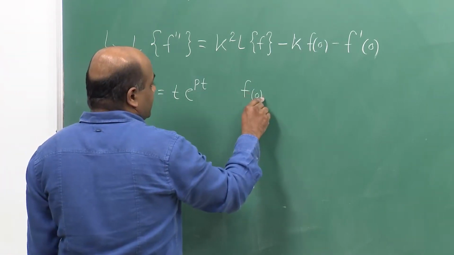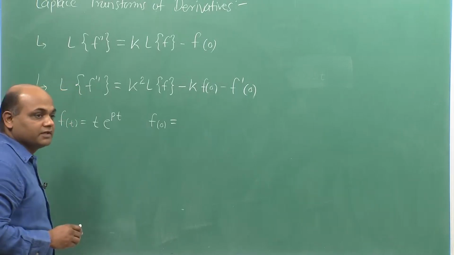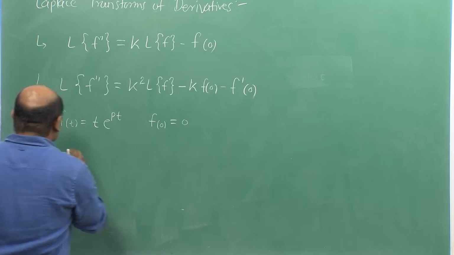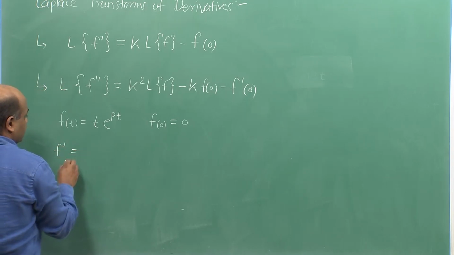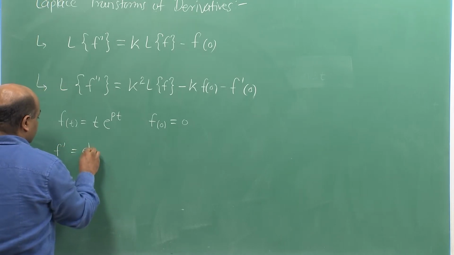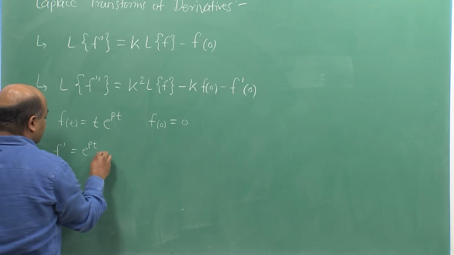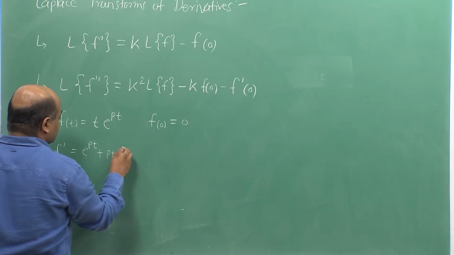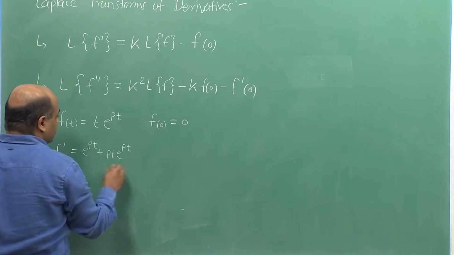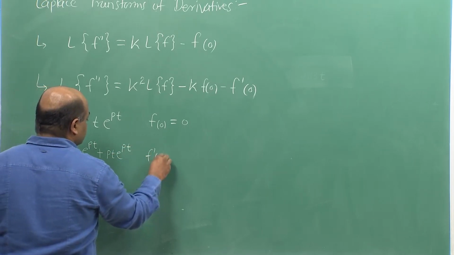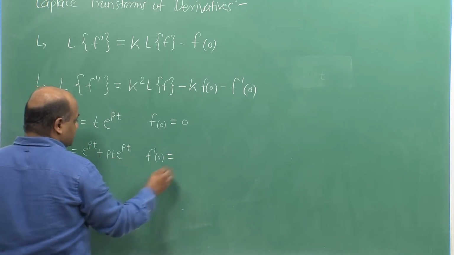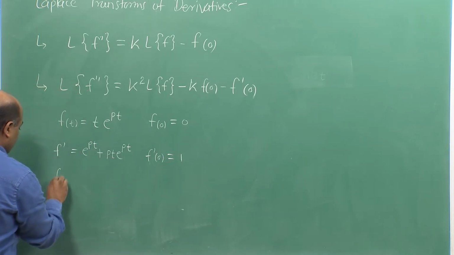So, obviously, f of 0 here is 0, f prime here will be e to the power pt plus pt times e to the power pt. So, f prime 0 will be e to the power 0 which is 1, and this will be 0, so 1.